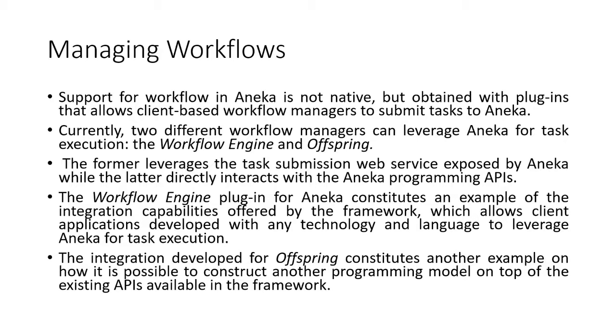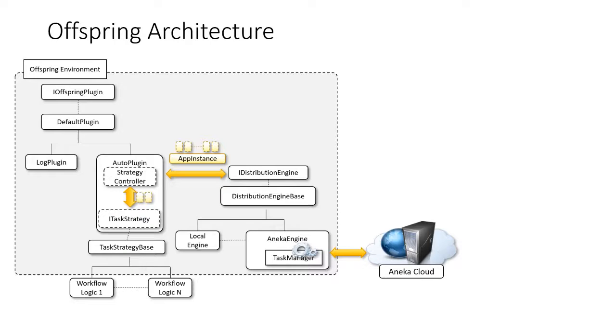The integration developed for Offspring constitutes another example of how it is possible to construct another programming model on top of the existing APIs available in the framework. This is a diagram showing the Offspring architecture.